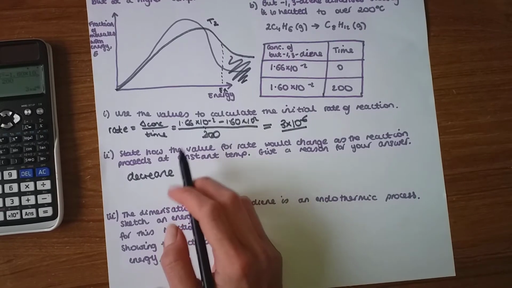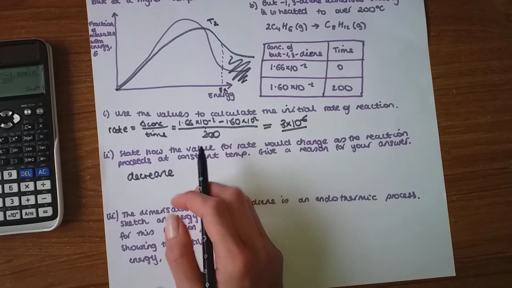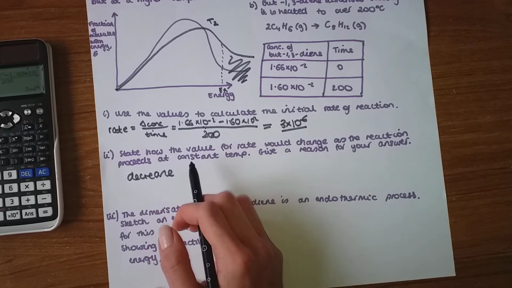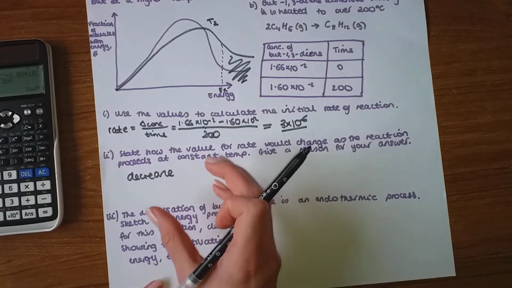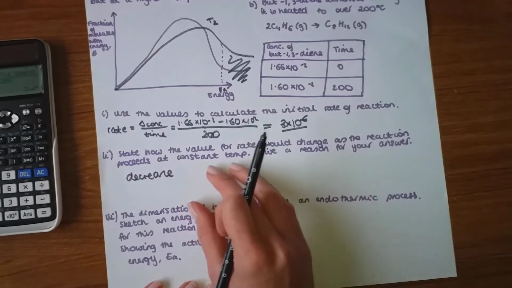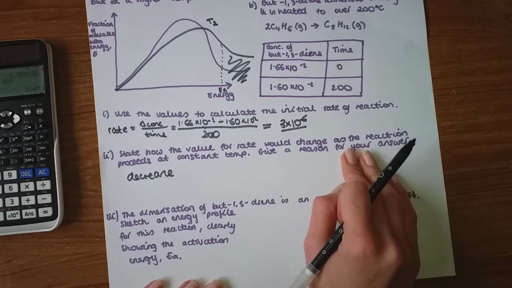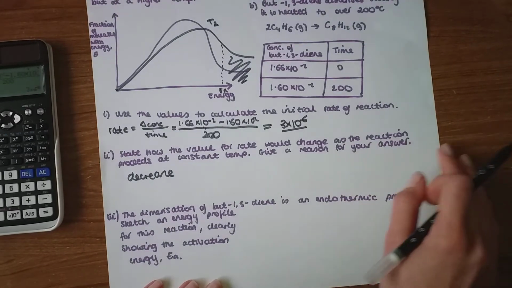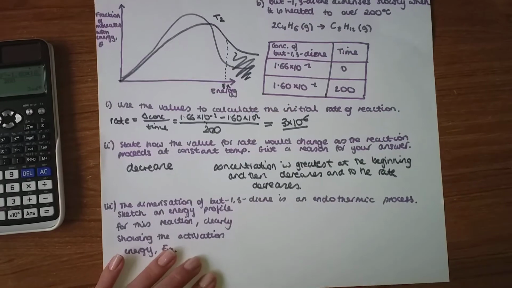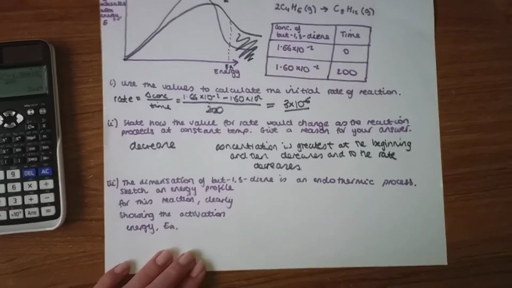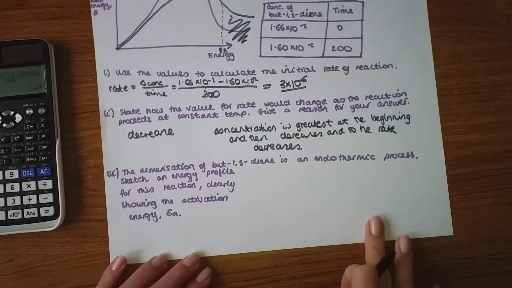As the reaction proceeded, more of them already gained the activation energy, so they reacted, and a smaller part of these particles still have not reacted. So as you go along, the rate of the reaction slowly decreases. I wrote: concentration is greatest at the beginning and then decreases, and so the rate decreases.